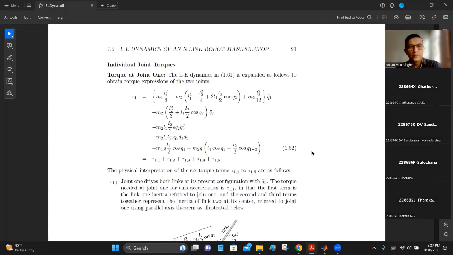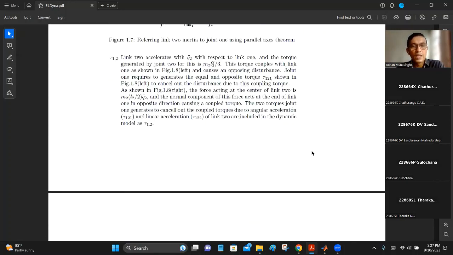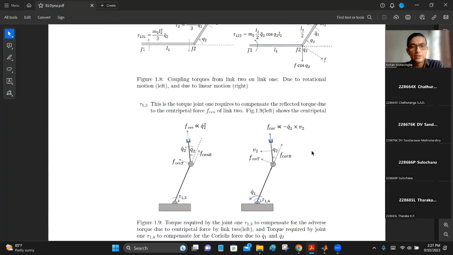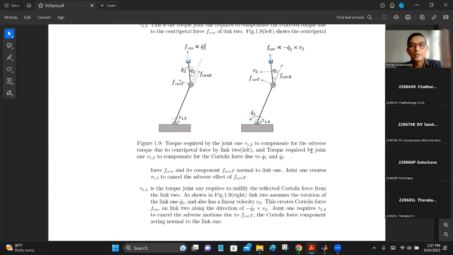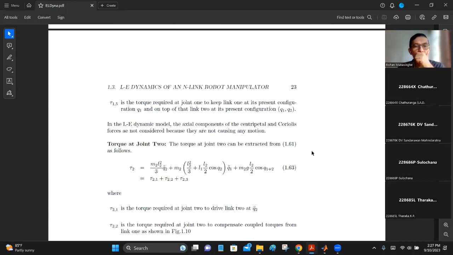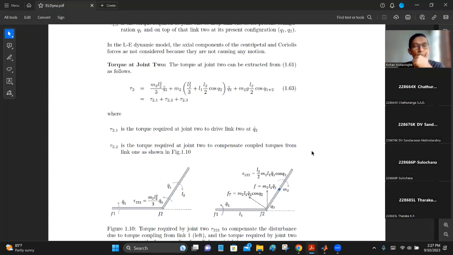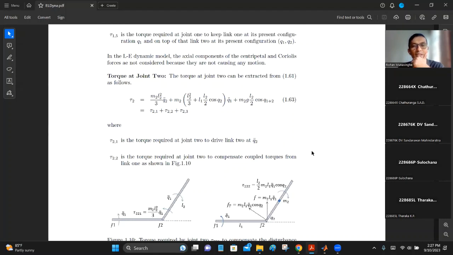All right. Now we can carry it from there to torque 2. Okay, so this is a bit easier. Second joint over here, right? It's a bit easier for this joint because that is the last joint of the manipulator.